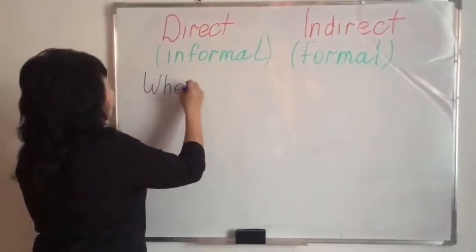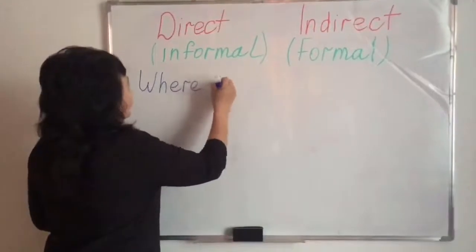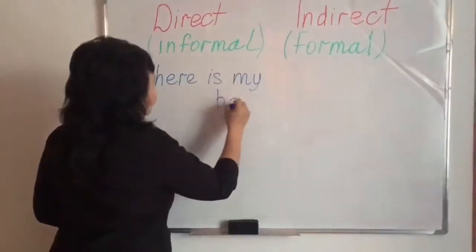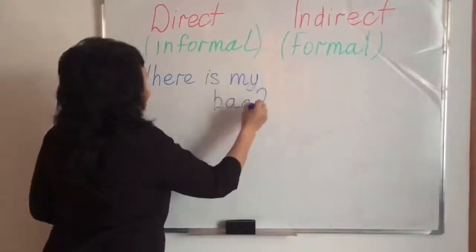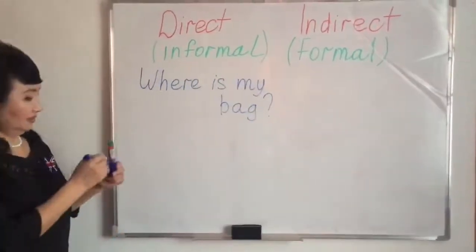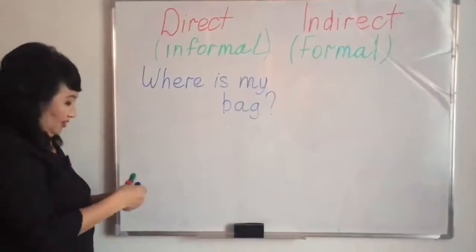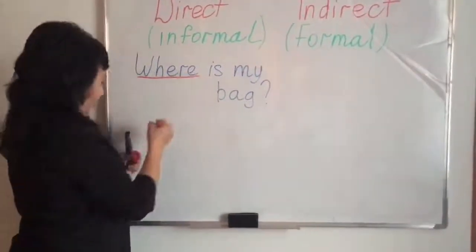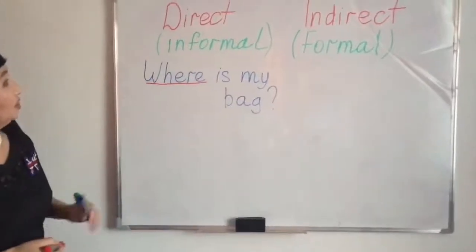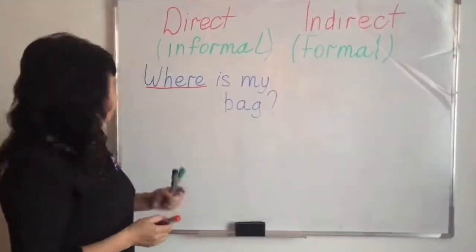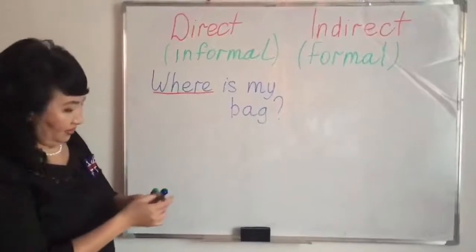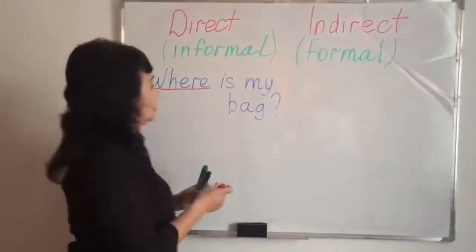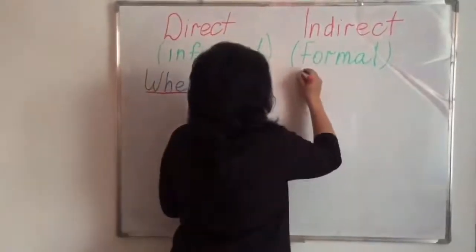Where is my bag? It's a direct question that begins with where. To change it to an indirect question, we leave out the word where at the start and use a special phrase, for example, could you tell me.